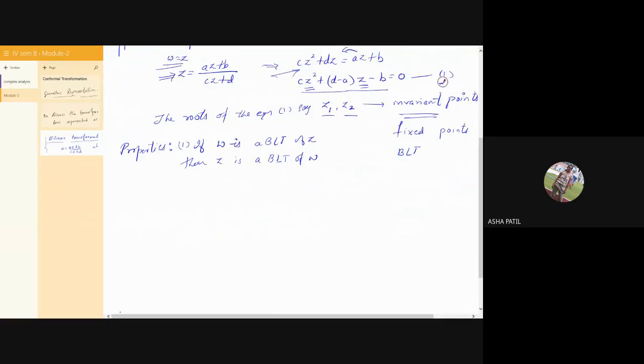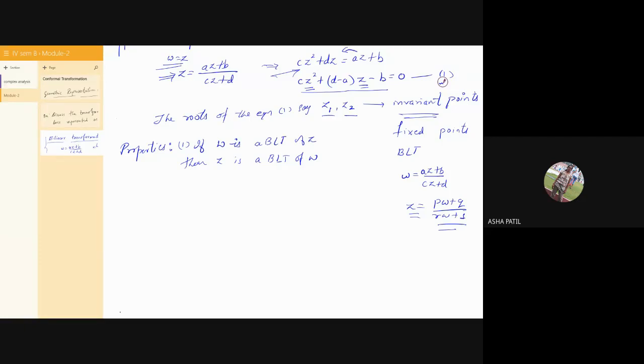If you are expressing W equal to AZ plus B divided by CZ plus D, similarly Z will be expressible in the form PW plus Q divided by RW plus S. You can express this Z also in this form. So then we call that Z is a bilinear transformation of W.